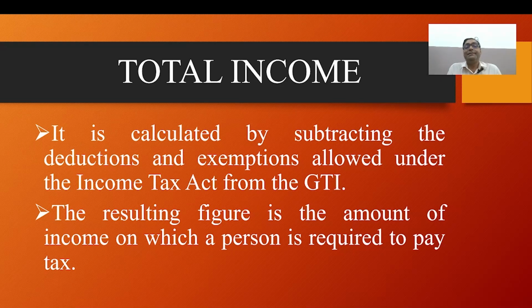Now I will discuss the total income. Total income is calculated by subtracting the deductions and exemptions allowed under the Income Tax Act from the gross total income. This figure gives the amount of income on which a Hindu undivided family is required to pay tax, and a person here, under Section 2 clause 31, includes a Hindu undivided family.